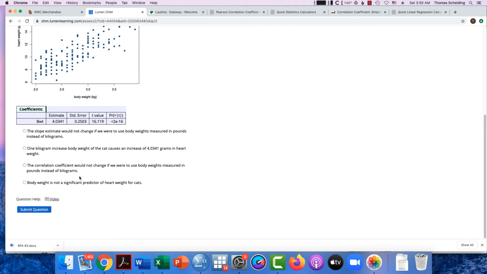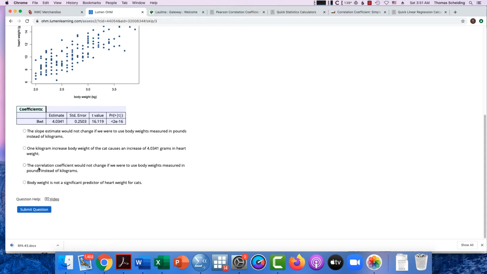Correlation coefficient would not change if we were to use body weights in pounds instead of kilograms. The correlation coefficient is just the percentage difference deviation of the x versus the y variable. If it's a percentage difference, what you use as a measurement really wouldn't be affected.